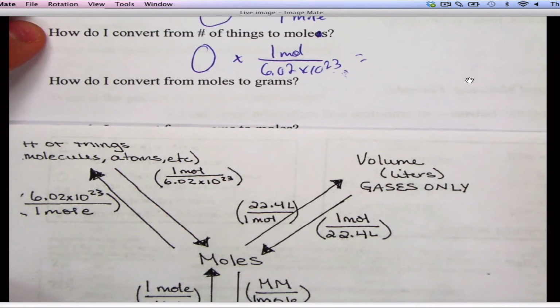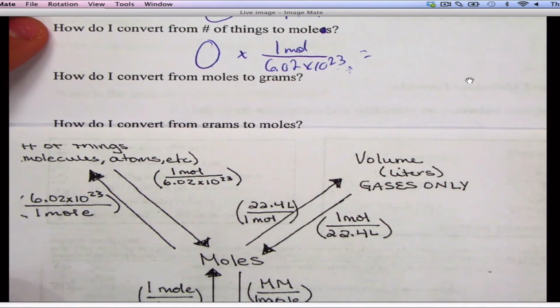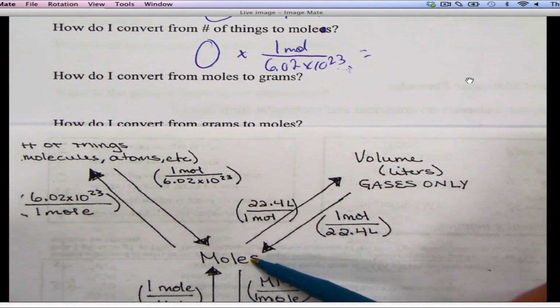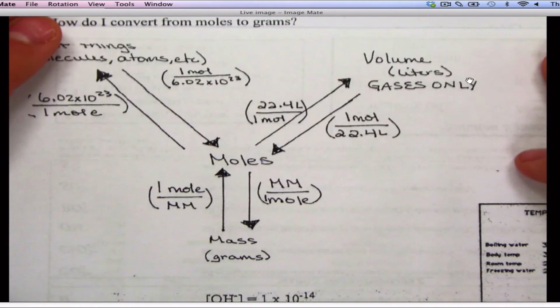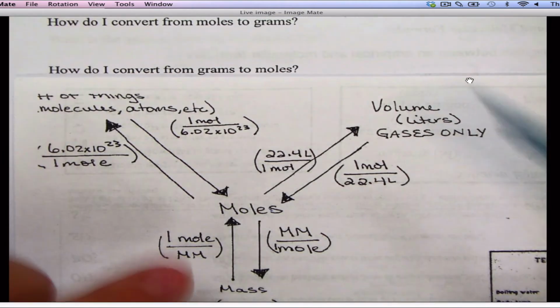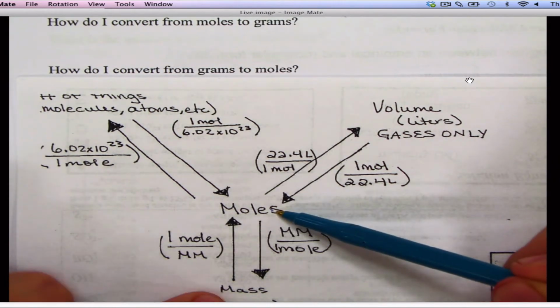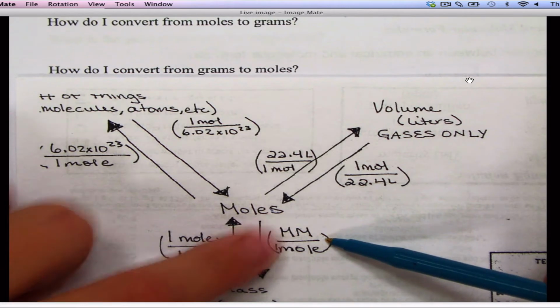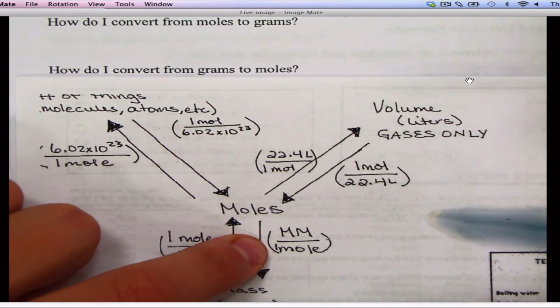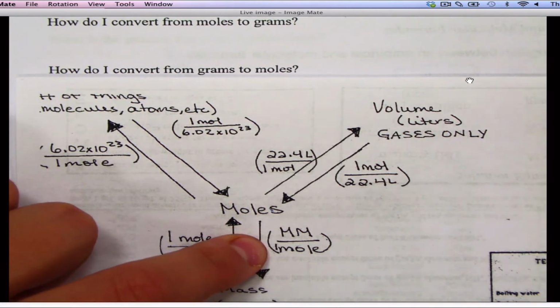Let's keep moving on. How do I convert from moles to grams? Here's moles. Oops, can't see that, can you? Move it up. There. How do I convert from moles to grams? Moles to grams. Okay, look at the arrow. Here's my calculation. MM stands for molar mass. So basically, how much does the formula weigh? I'll sometimes call it formula mass.